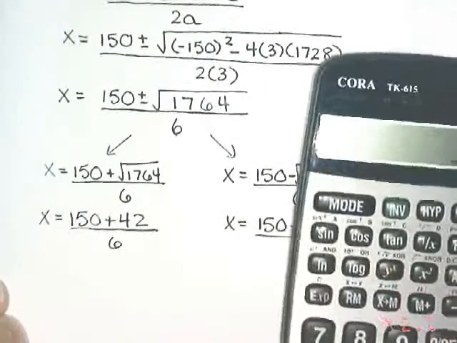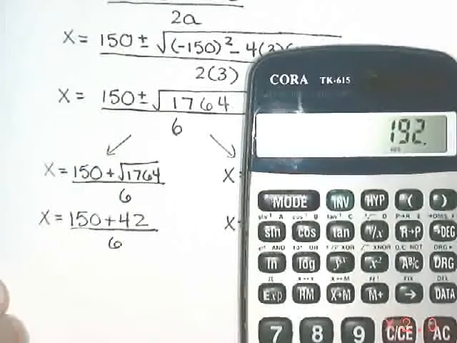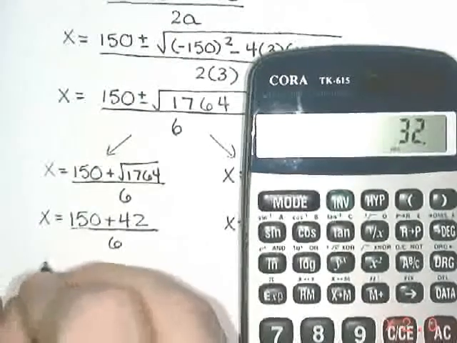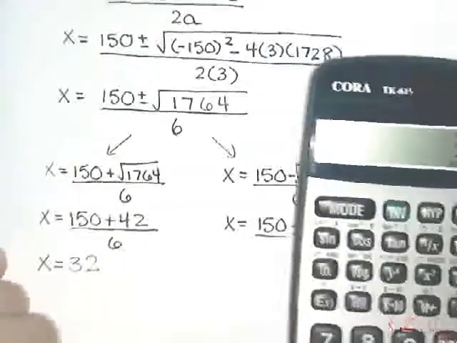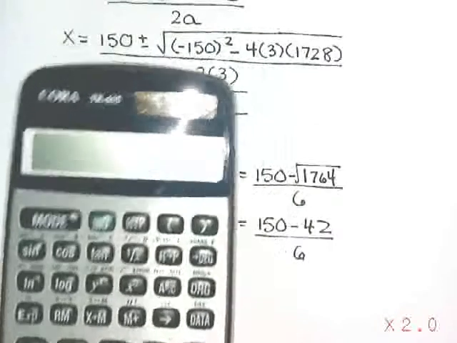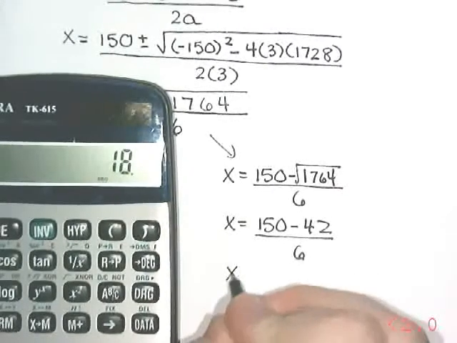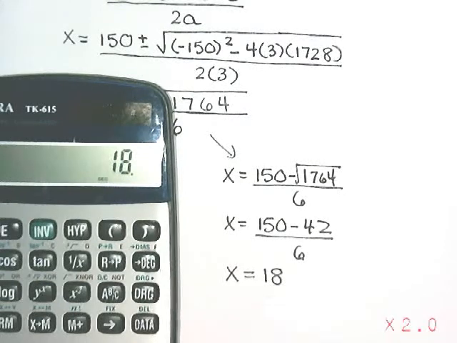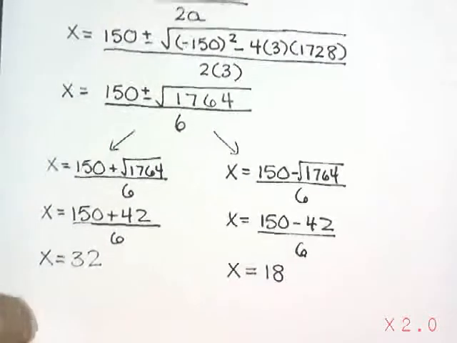Okay, 150 plus 42 is 192, and if we divide that by 6, we get 32. 150 minus 42 is 108, divided by 6 is 18. So I ended up with two answers here. I have 32 and I have 18.